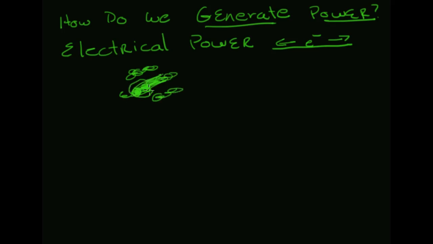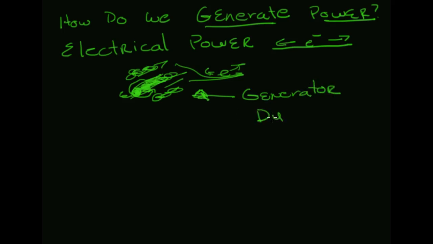And if we turn that metal rod, the electrons in these copper coils start to move, and we can push that out into a wire, and we get some sort of electric current. Now, this type of apparatus with the metal rod and the copper coils is what we call a generator, or sometimes the term used is dynamo.